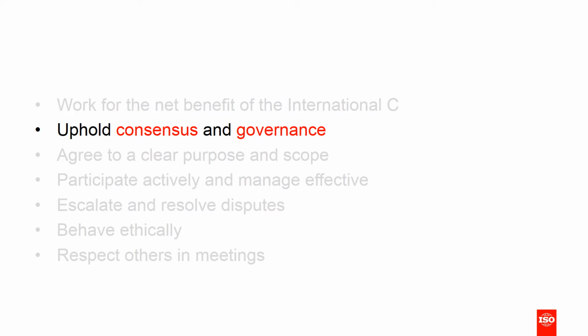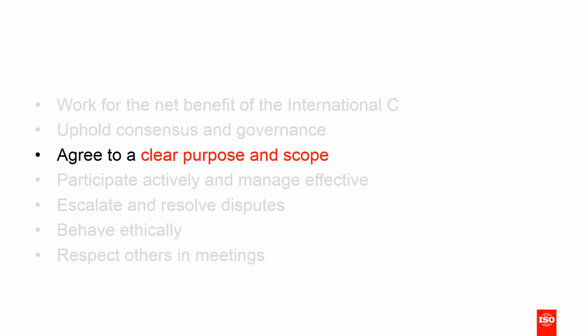We are committed to having a clear purpose and scope with objectives and a plan in place. So this plan often is found in the strategic business plans of the technical committees, and it's there to ensure the timely development of international standards.